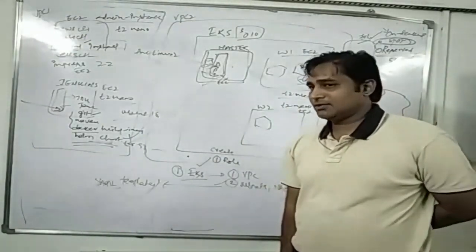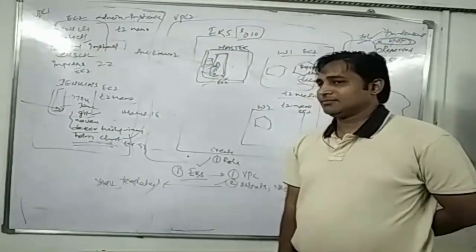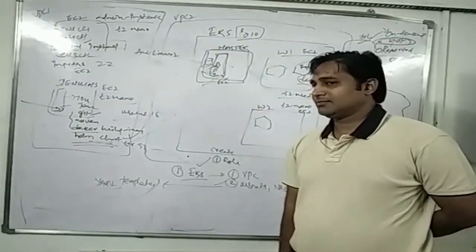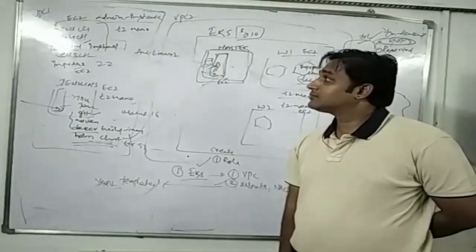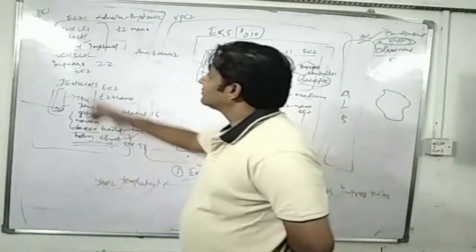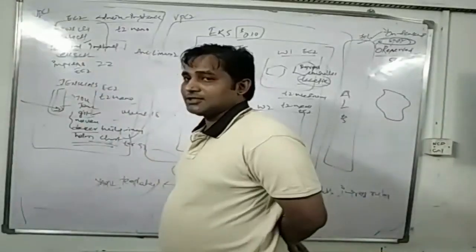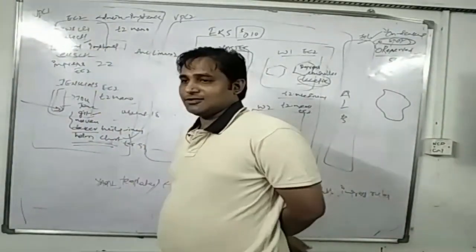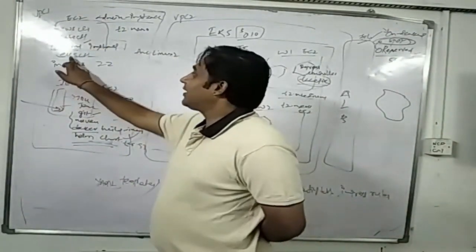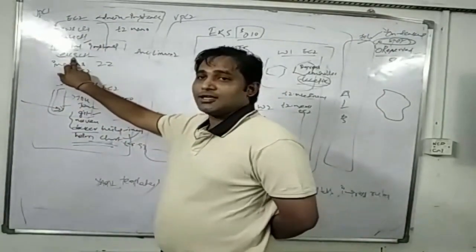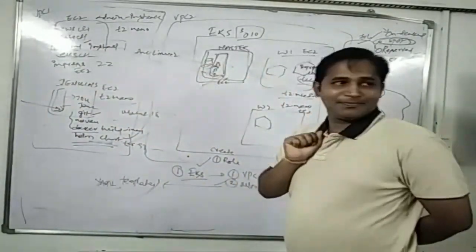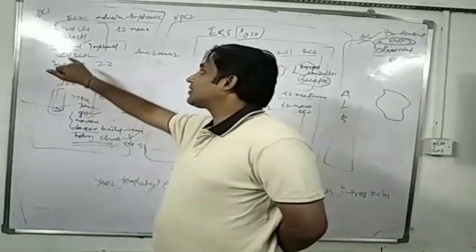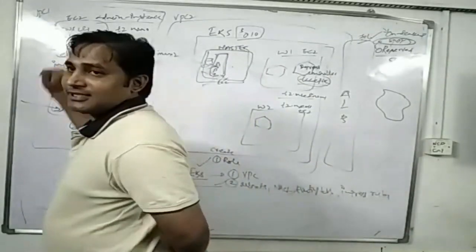Because we need kubectl to communicate with the database. That is kubectl, we don't need EKSCTL. And anyway, you have to install kubectl somewhere or the other. We are talking about why we chose EKSCTL over the management console. Instead of a browser, we chose EKSCTL. Why?